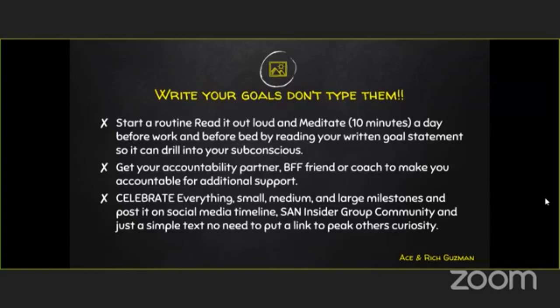And you post it on your social media timeline, your SAN Insider Group community, and you just put a simple text, no need to put any call to action links or anything like that, just to pique other people's curiosity. I can't tell you how many times I've used a milestone post. And when I did, I celebrated how many leads I got, leads after leads. I mean, how do you think Karen Richardson came to us, right? She came to us when she saw that milestone post.